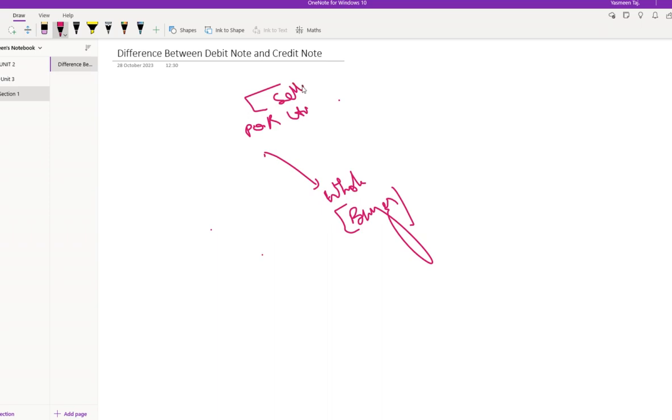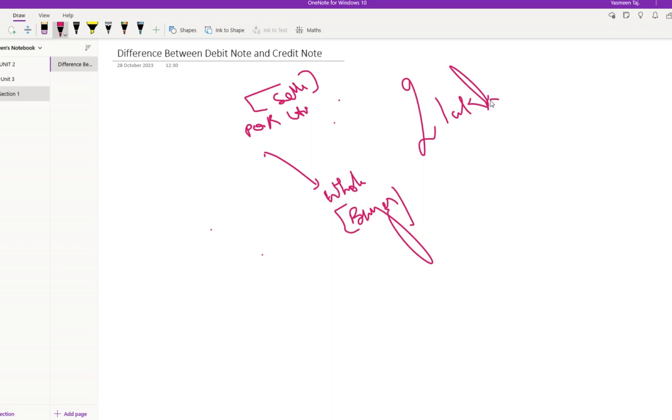So now you have sold goods worth rupees 2 lakh to the wholesaler. Let's assume 2 lakh rupees of goods you have given to the wholesaler.